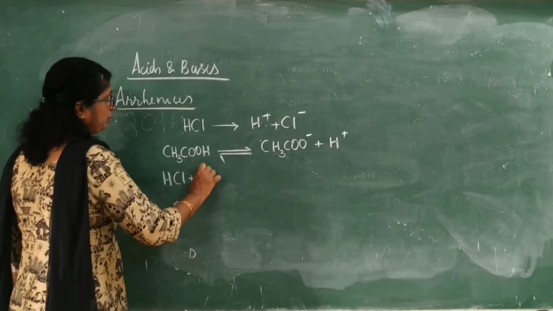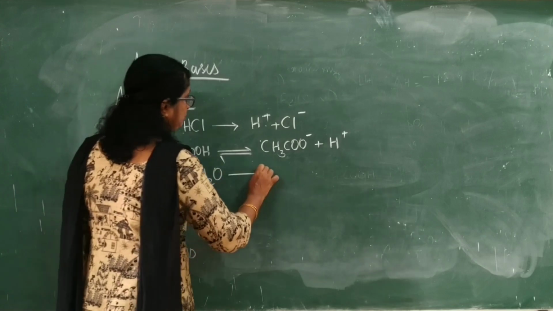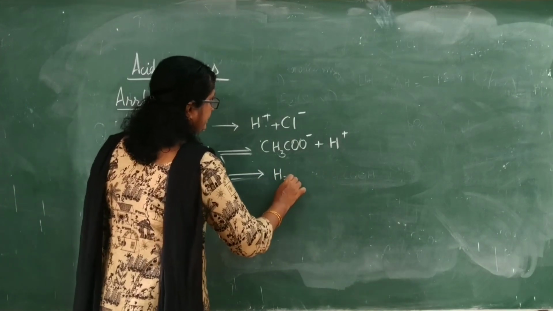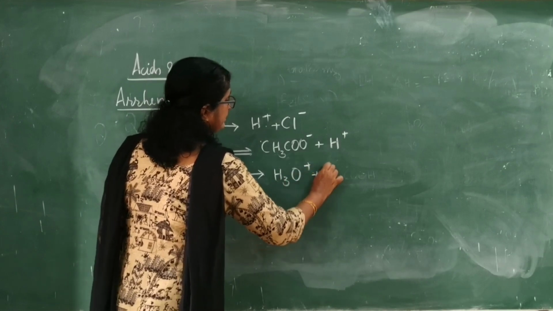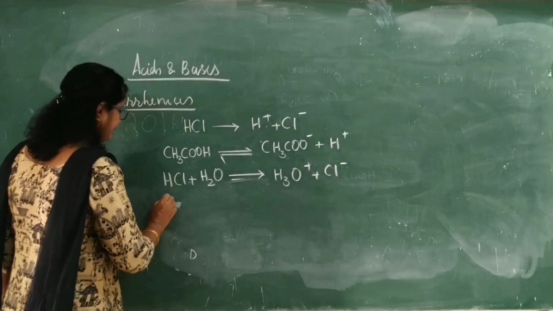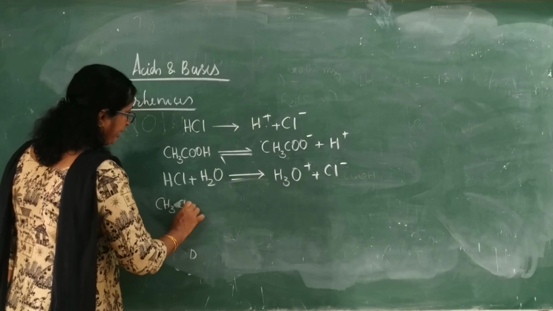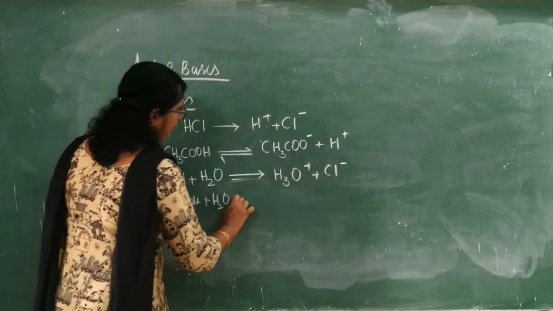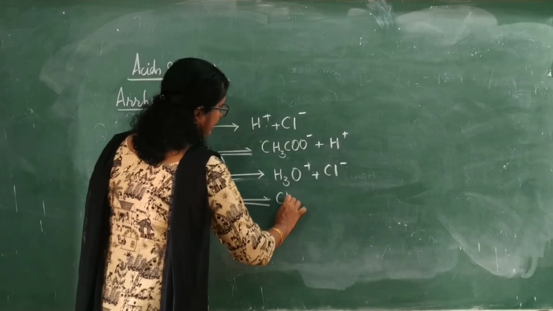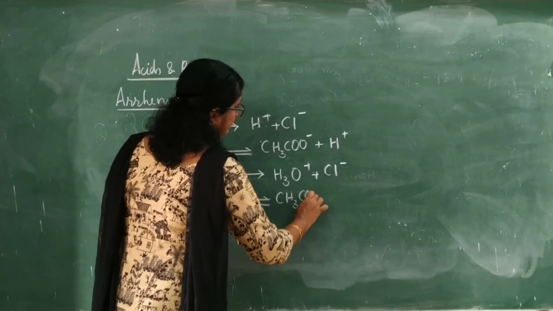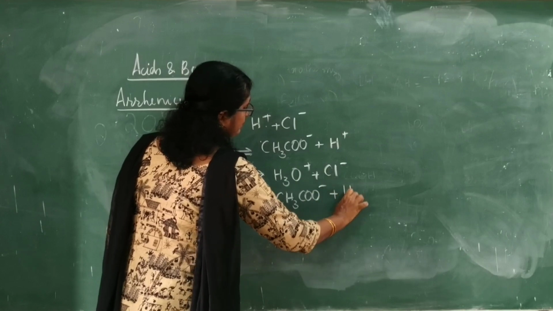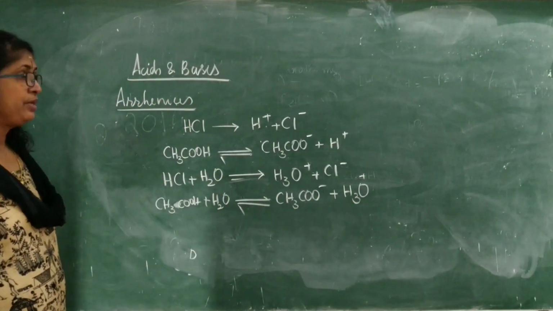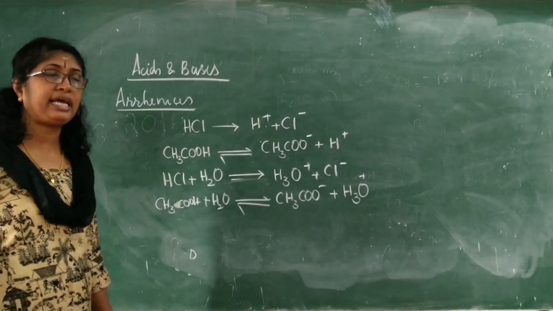HCl plus H2O gives H3O+ and Cl-. CH3COOH plus H2O gives CH3COO- plus H3O+. They give hydronium ions in solution. So these are acids according to Arrhenius.